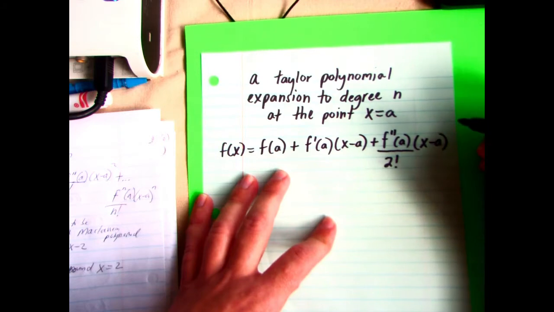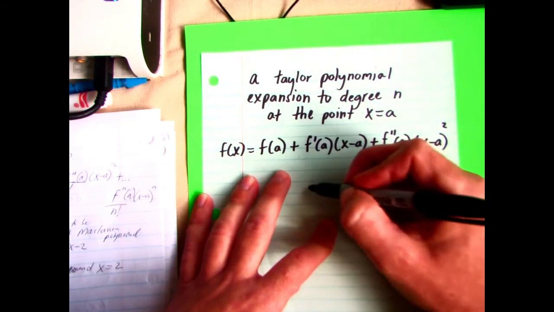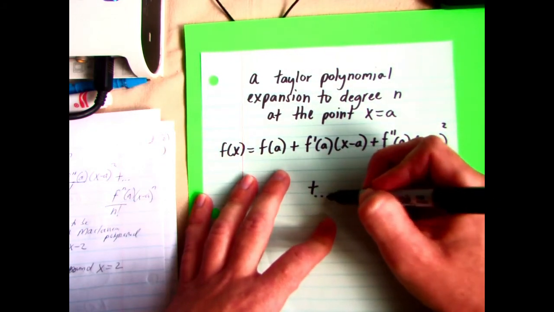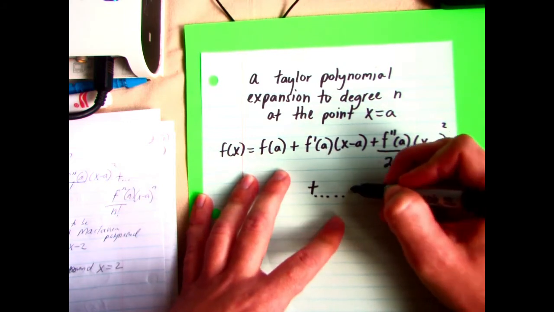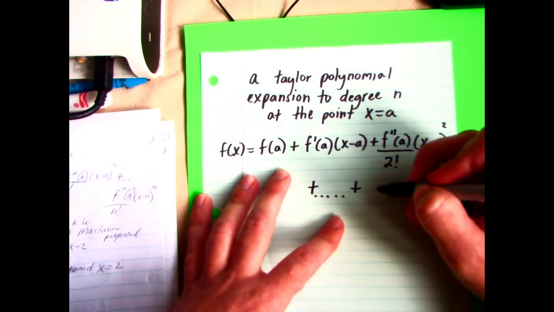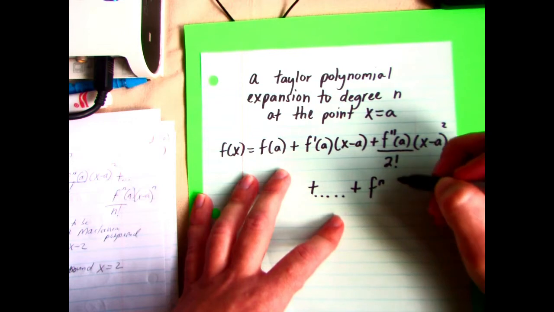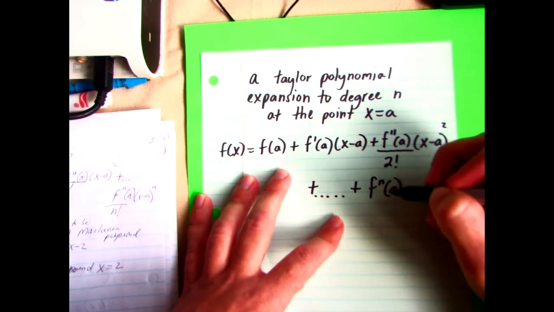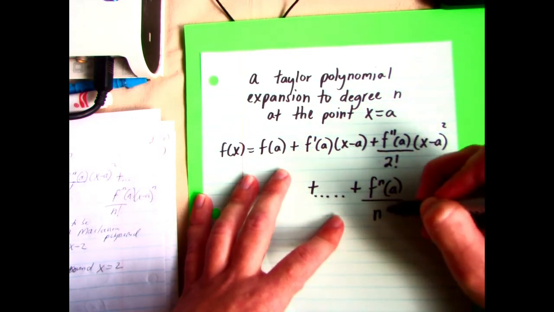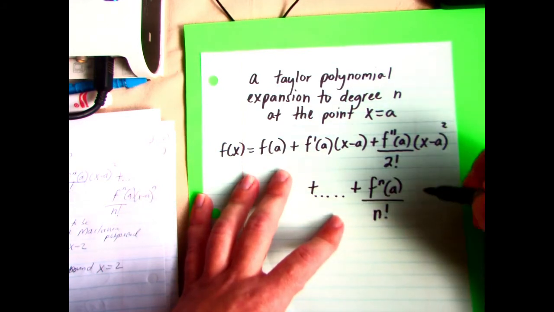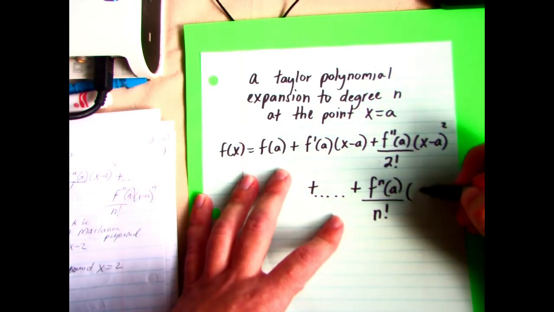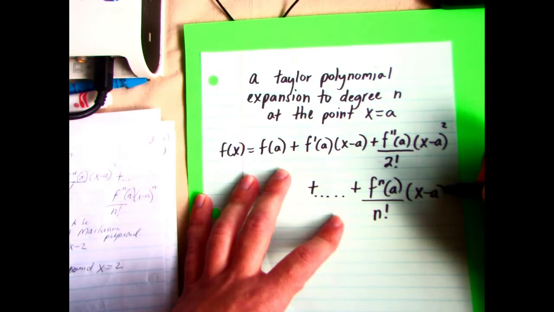I know right now it looks a little daunting. But basically here is the expansion. This is what's going to get you all of your terms in the polynomial pretty quickly. Again, this is centered around the point x equals a.